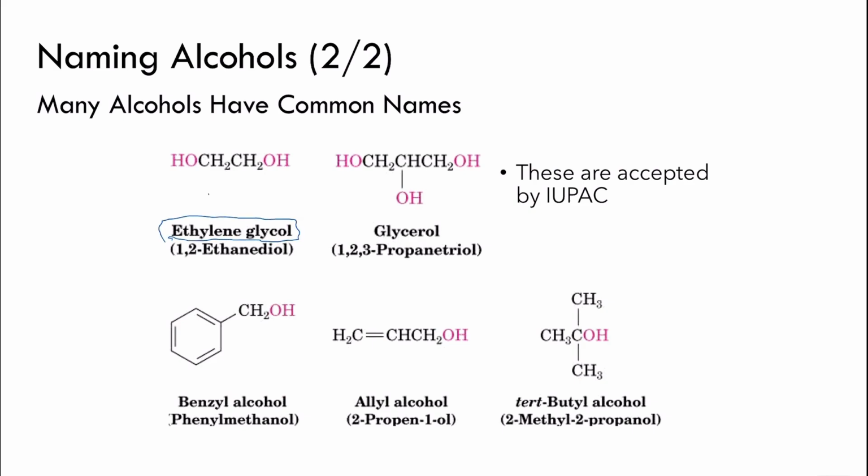Ethylene glycol is basically CH2, CH2, and for each carbon there is an OH. So it's basically 1,2-dihydroxyethane, or 1,2-ethanediol.